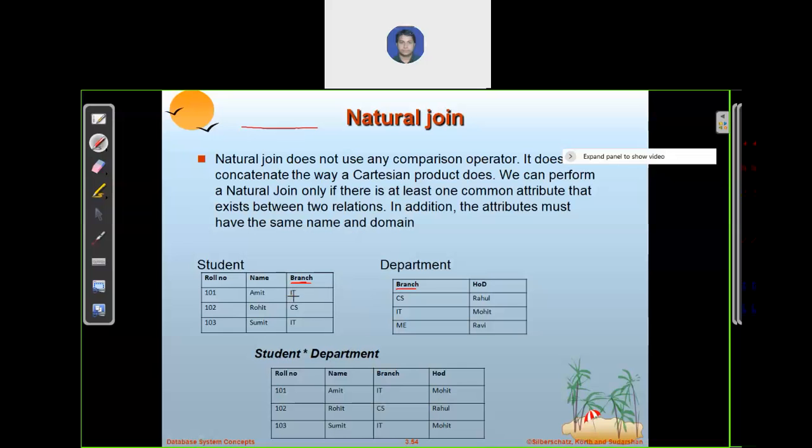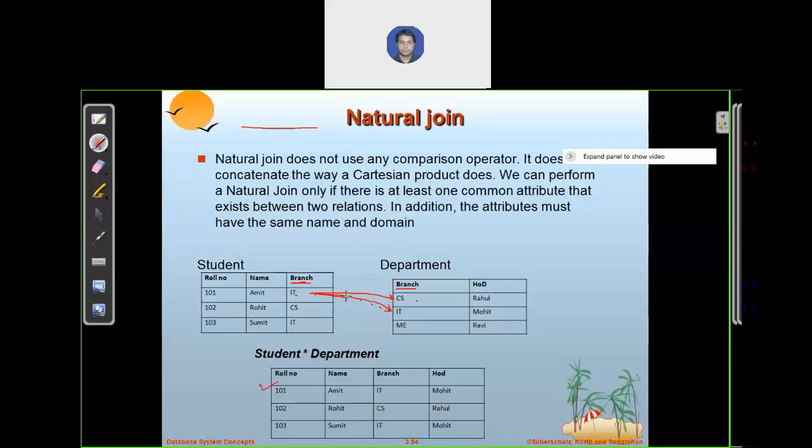So you start joining these two relations with the first record and check whether it is equal to IT. It is not, so it will not join this record with that record. Here, as you can see, it is equal, so it will join these two records of the relation for the resultant.